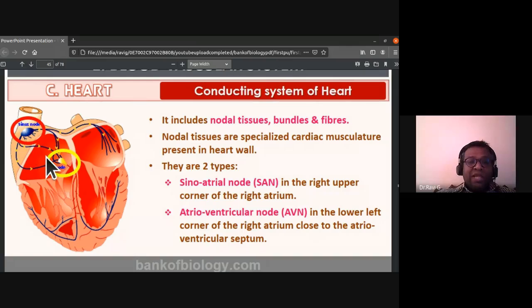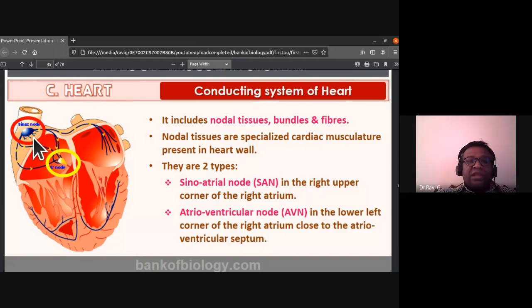They are of two types: the sinoatrial node, or SAN, in the right upper corner of the right atrium, and the atrioventricular node, that is AVN, in the lower left corner of the right atrium, close to the atrioventricular septum. So AVN and SAN are present here.